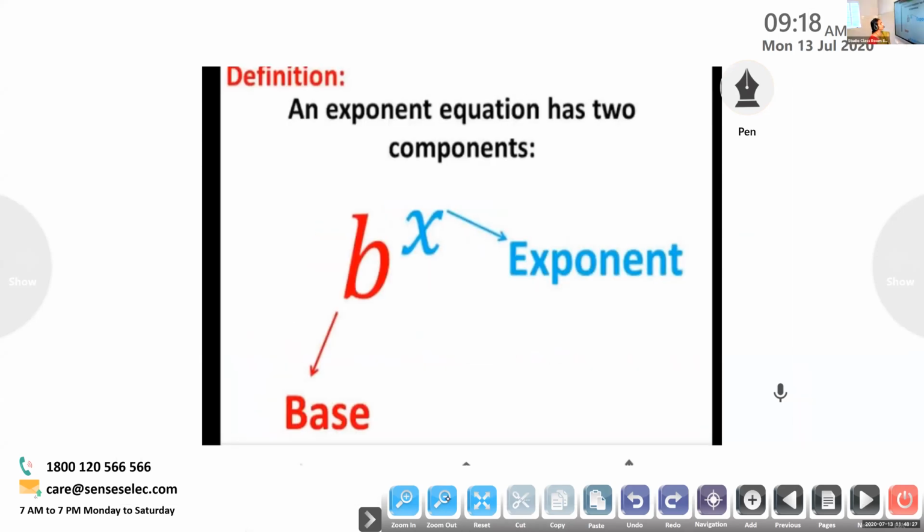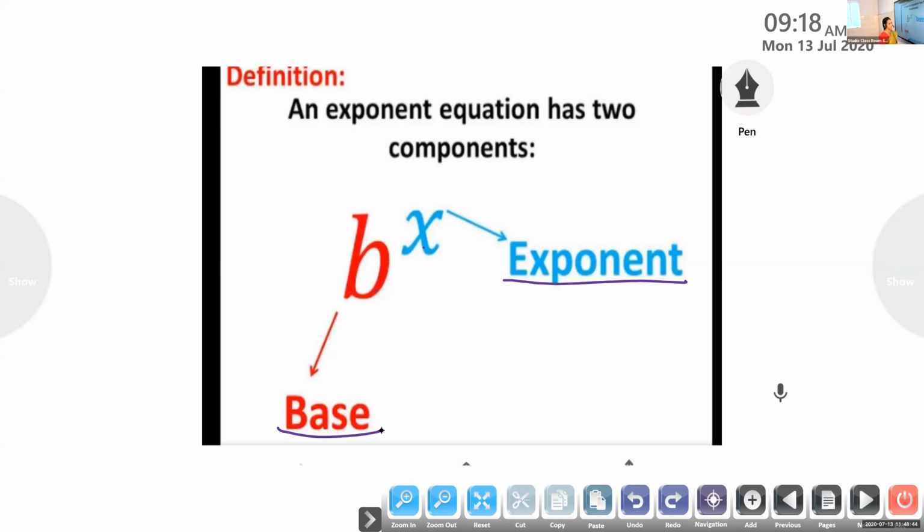So it is the definition. An exponent equation has 2 components. B raised to x, where x is known as exponent and B is known as base. Exponent and base.